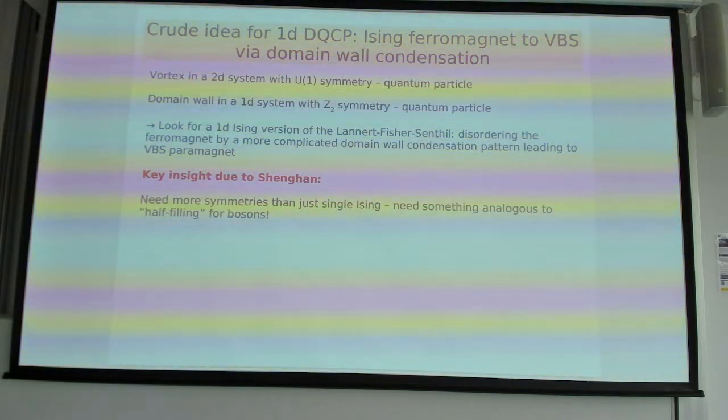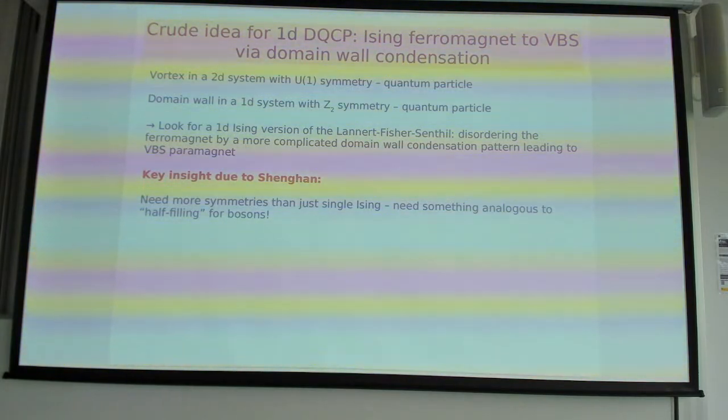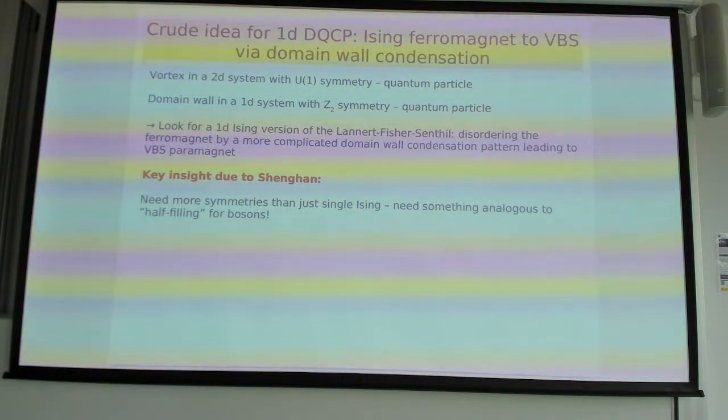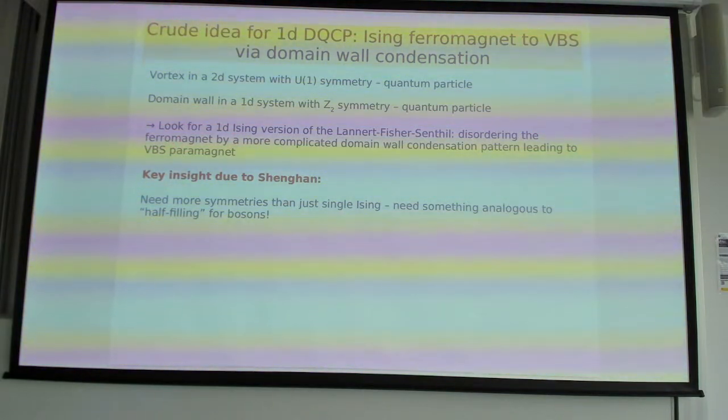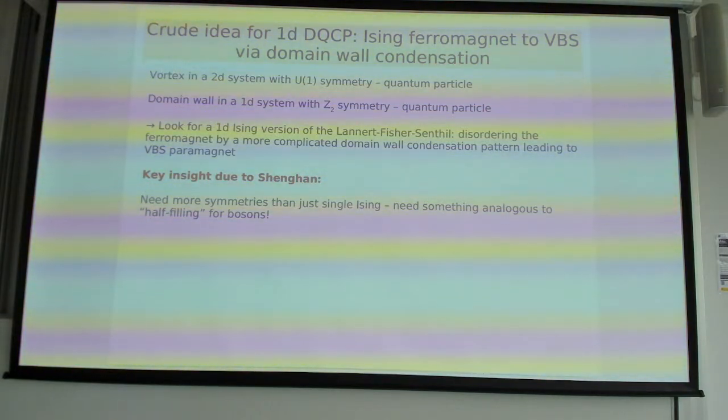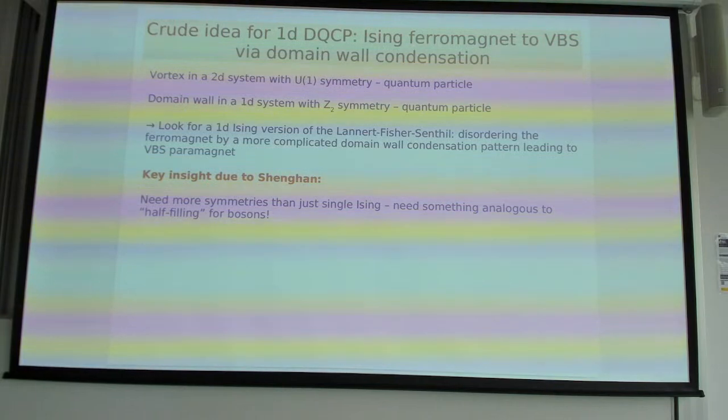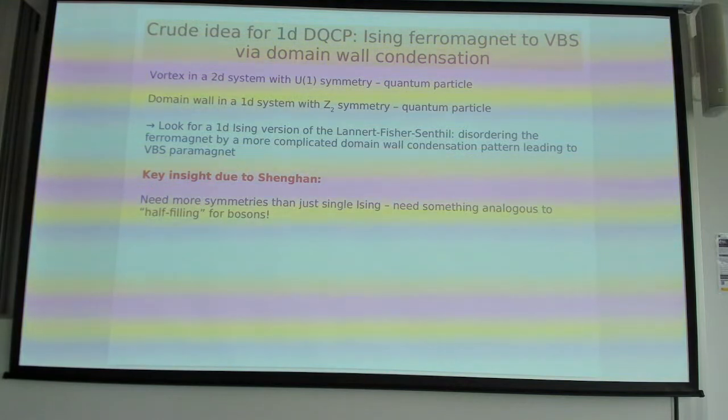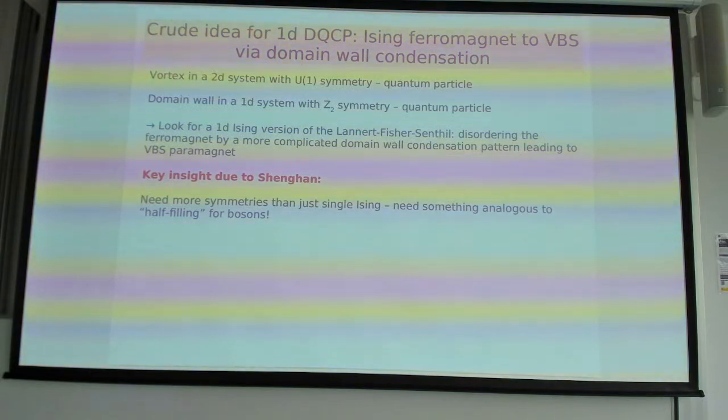And now in 1D, when you have a system with a discrete symmetry, the defects in that order parameter are domain walls, and they are quantum particles. And then the very crude idea was maybe there are some versions of the Ising model where you will have some more complicated dispersion of domain walls, and analyzing the condensation pattern with that dispersion will give you some interesting phase, maybe some lattice symmetry breaking and some theory of the transition.